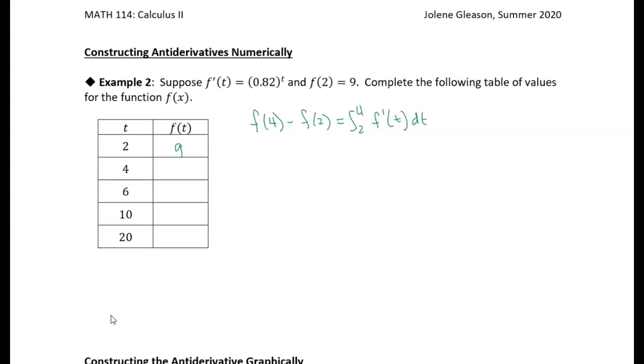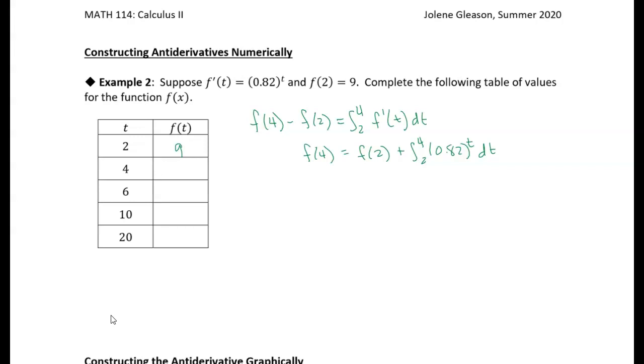Okay, so I can rearrange it to find f of 4. So f of 4 is f of 2 plus the integral from 2 to 4 of f prime of t, and f prime of t is 0.82 to the t dt.